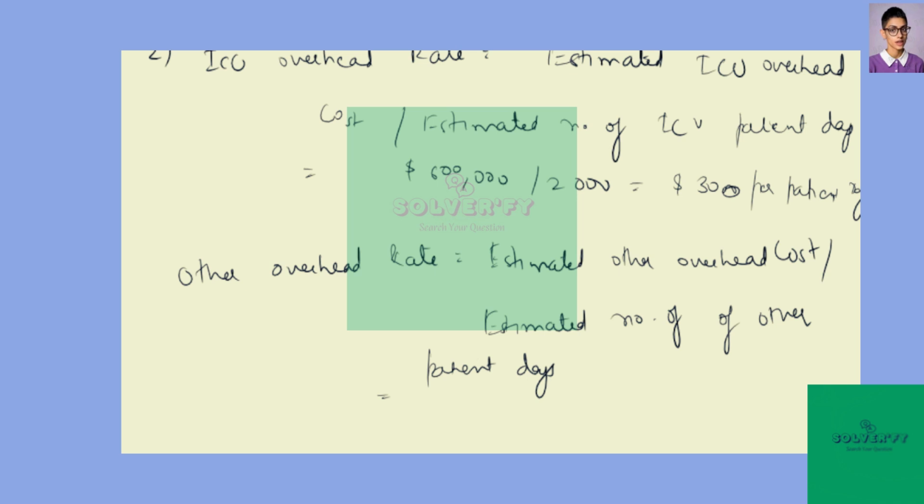In this case, the estimated other overhead cost is $6 lakh and the estimated other patient days is 8,000. $6 lakh divided by 8,000 is $75 per patient day.